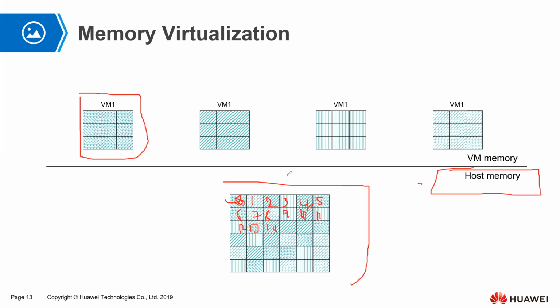So the hypervisor stores the mapping between the guest machine address spaces and the physical machine addresses, like you see here. Now, for example, let us try and come up with a mapping table of virtual machine 1.